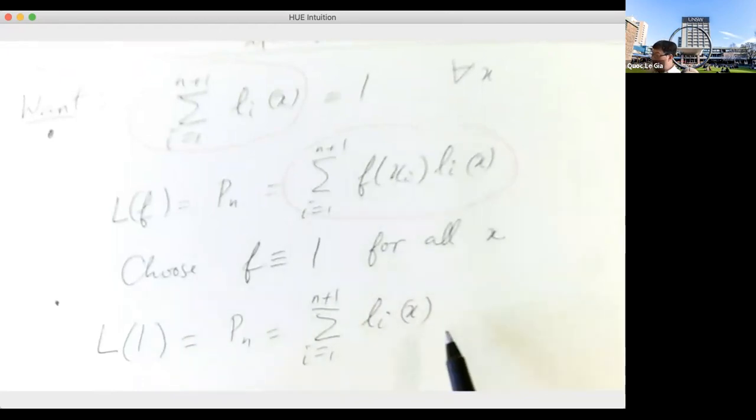Well, but then can we conclude that L of 1 equals 1? Is it done yet or not? Can we say that this equals 1 for all x? Can you say that I'm done here? I mean, L of 1 just equals 1.